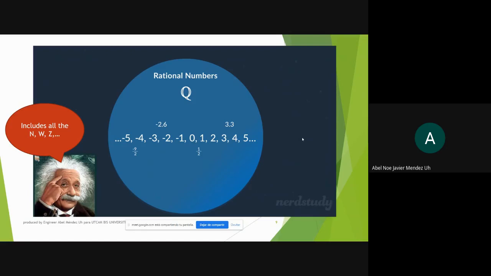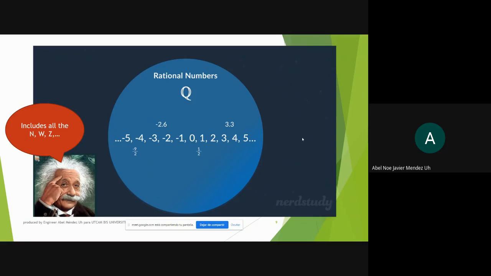We can see decimal numbers like 3.3 or negative decimal numbers like -2.6.